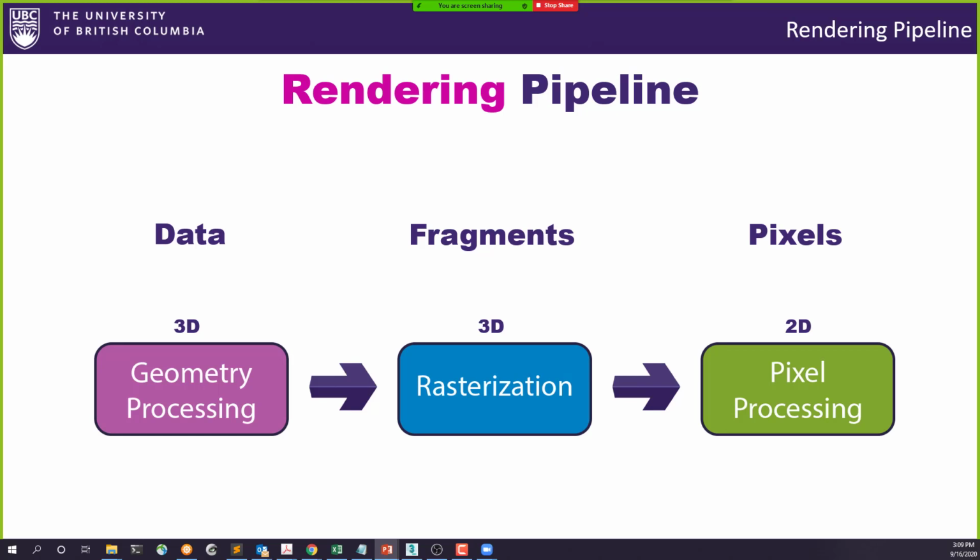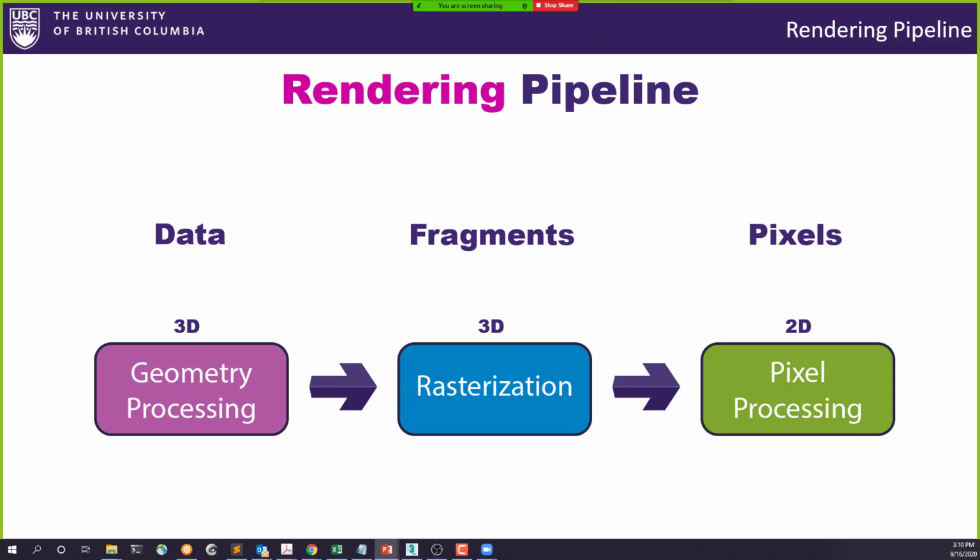When I'm saying data, I'm saying again primitives, vertices, textures, normals, a lot of information that we feed to the program. And this obviously happens in 3D, right? Then the geometry processing sends that data, already processed, to the rasterization stage.